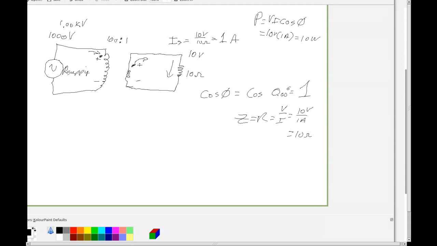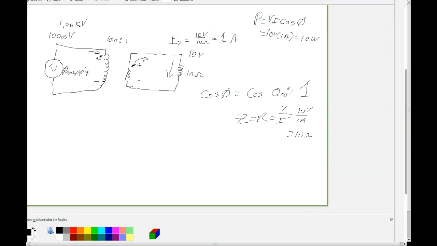All right. So they talk about this reflection. Okay. So another thing they talk about in the book is reflection. Reflection impedance or reflected impedance. So this is kind of the definition out of the book here.